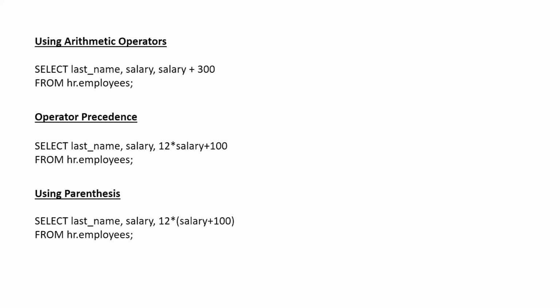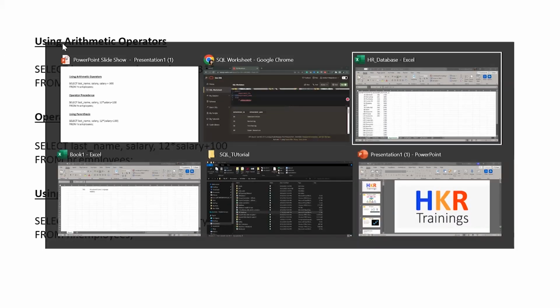If we want to see some arithmetic operators: select last name, salary, and salary plus 300.